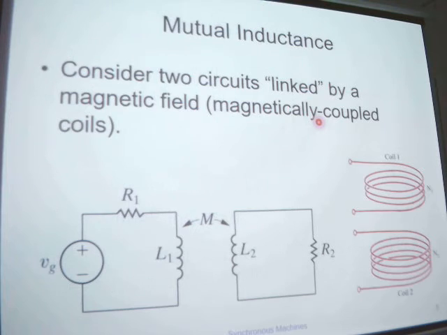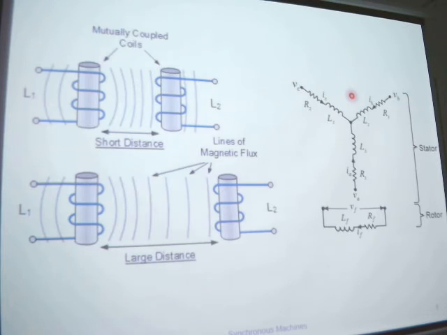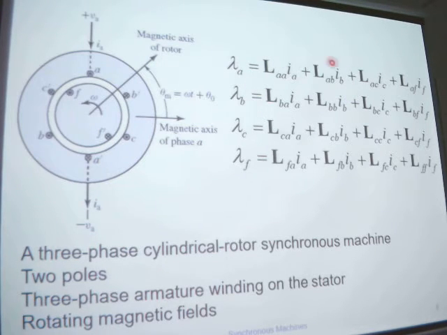Using the flux linkage equation, which is a function of inductance and current, we can write the complicated equations of a synchronous machine.